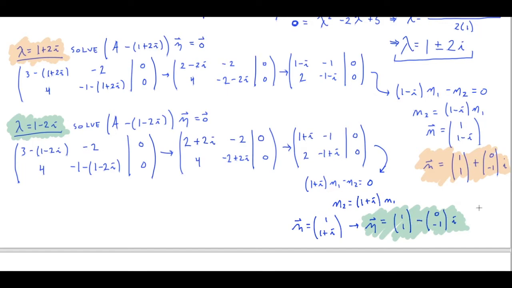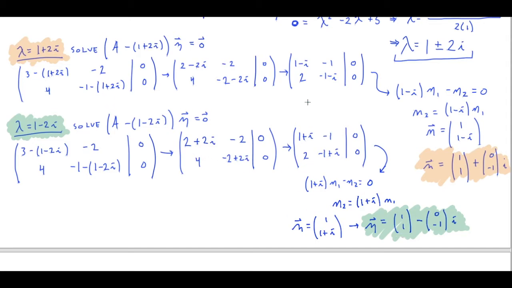So again, I admit that this representation may not be totally obvious or the most efficient way to write this vector, but it demonstrates this conjugate structure between these two eigenvectors. The reason I'm taking all this time to point this out is because this means if I ever find that my matrix has complex eigenvalues, I don't need to work through all of the steps to find both eigenvectors.